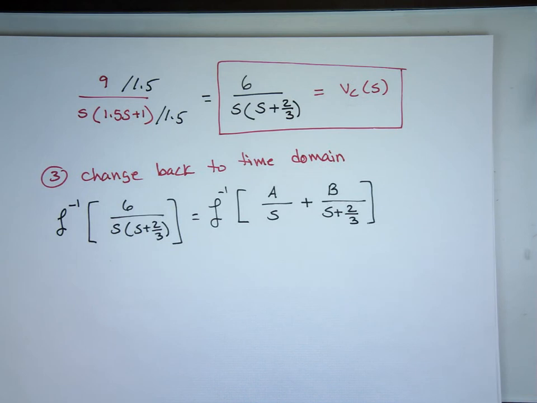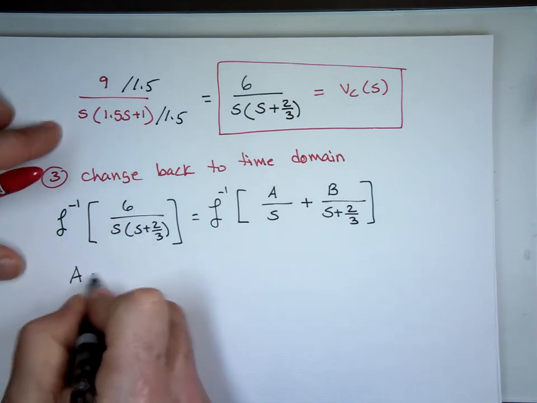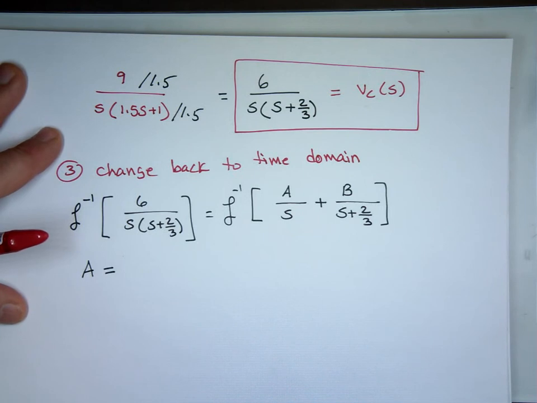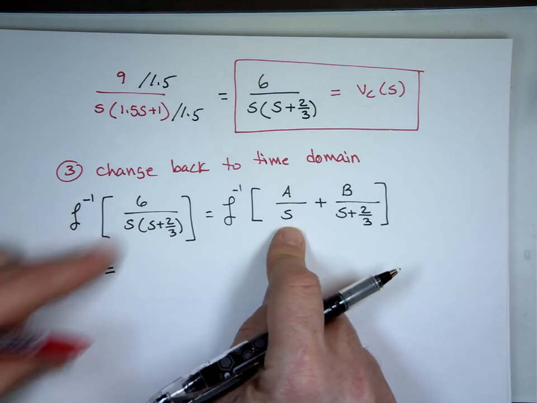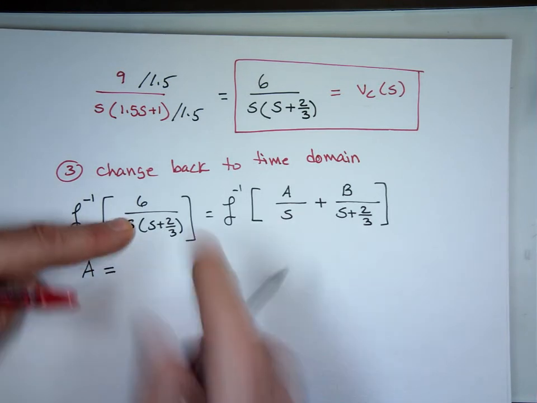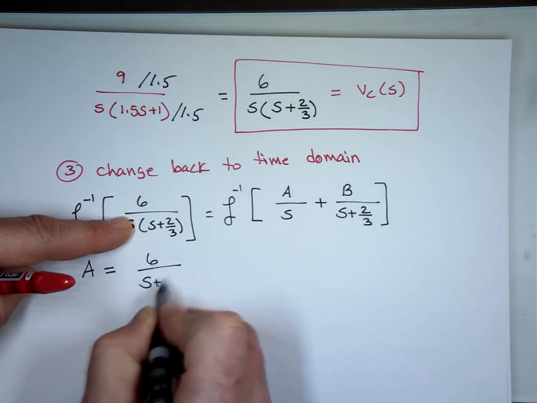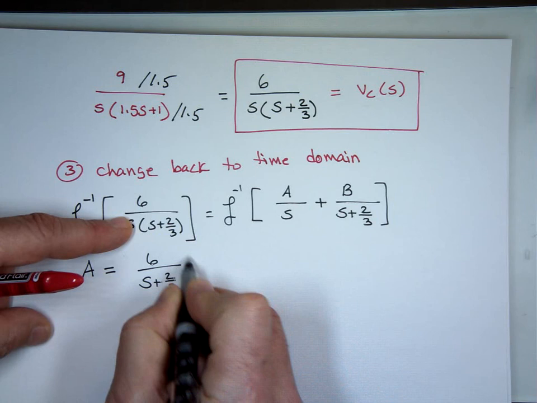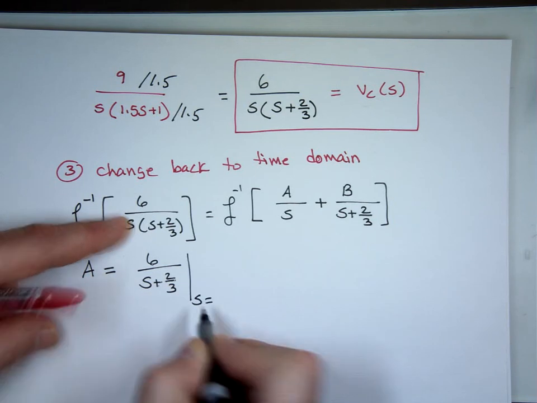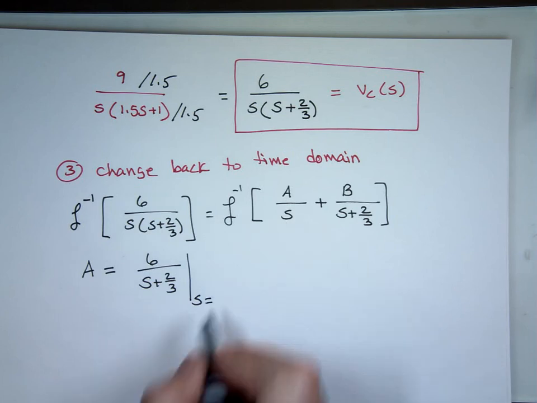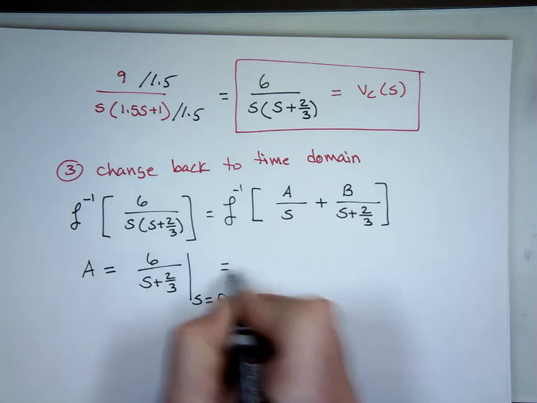And to find a, a is sitting on top of s, so I'm going to take s out of the picture from this expression. It's 6 over s plus 2/3 when s equals what? What value makes the bottom 0? 0. So that's 6 over 2/3.